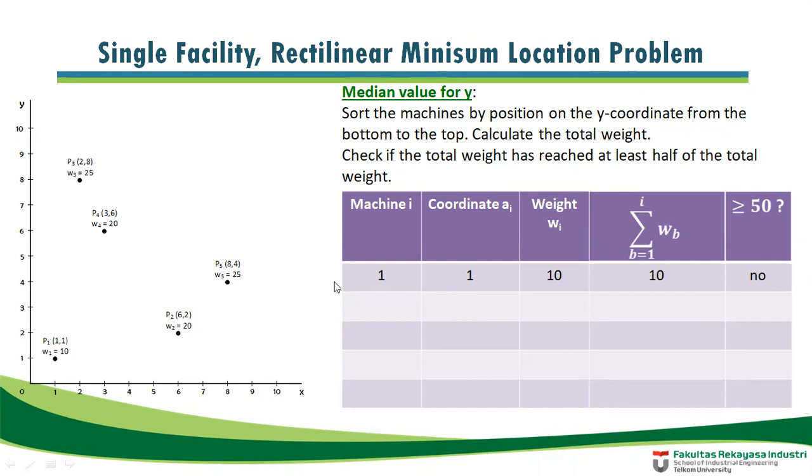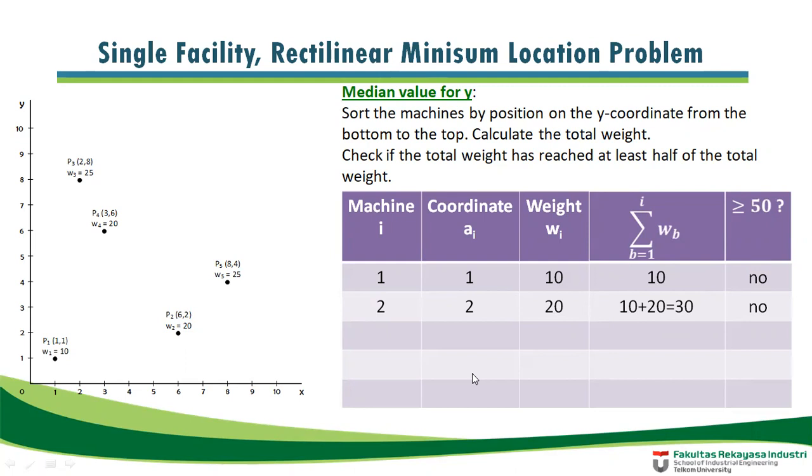The first iteration still does not cover the ending, so we go through the second iteration, which will be P2. Just put the same steps: fill the coordinate, weight, and the cumulative one. 10 plus 20, and 30 is still not enough to cover the ending statement.